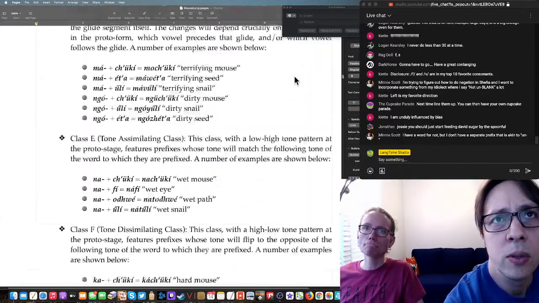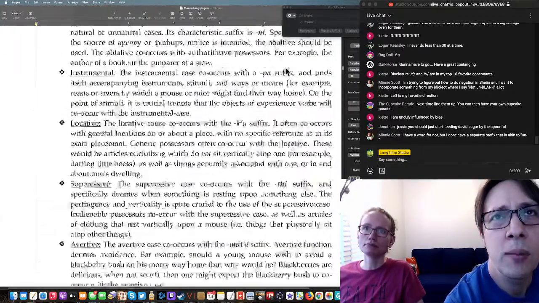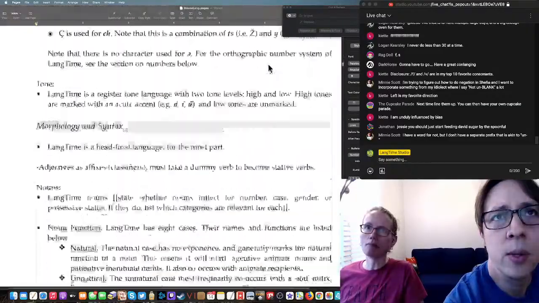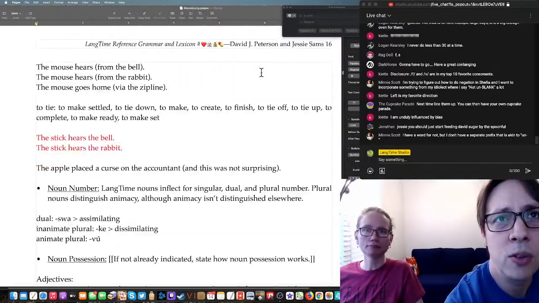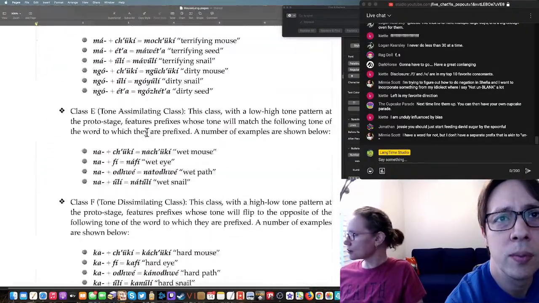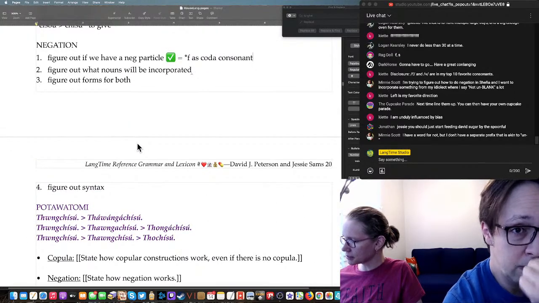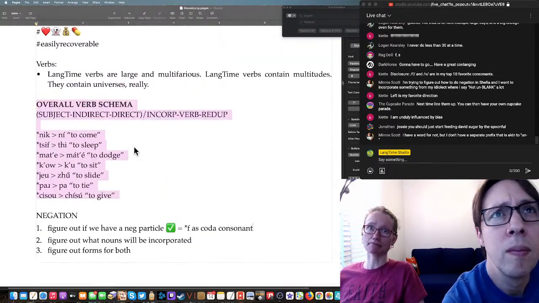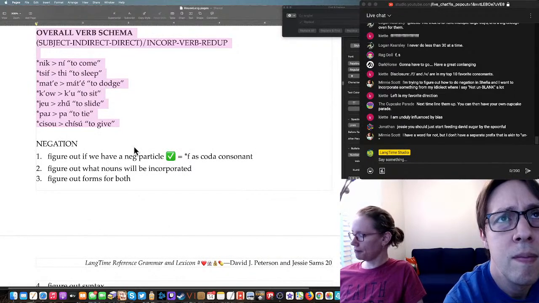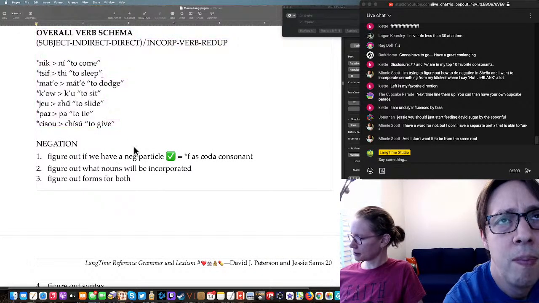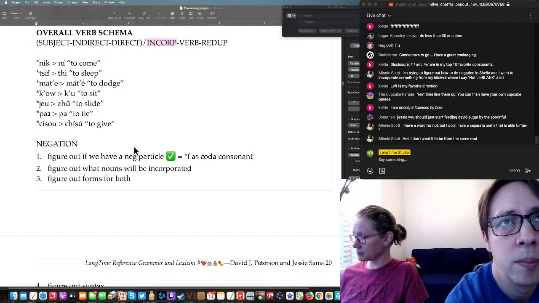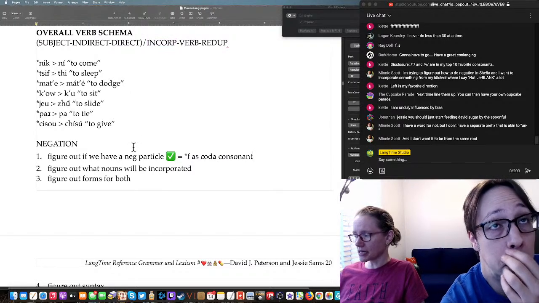Okay. Because what I was looking for when we were doing the poll was a place where we had started verbs. Oh, we have a list of verbs specifically in the overall verb schema in the verb section on page 19. Okay, good. And this is going to end up being in court. That's also going to be a syntactic difference, right?